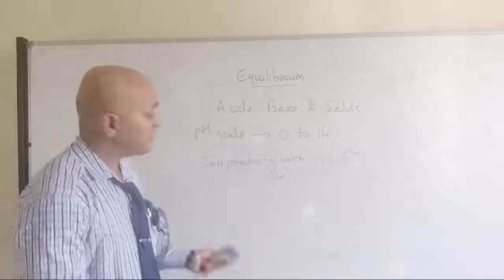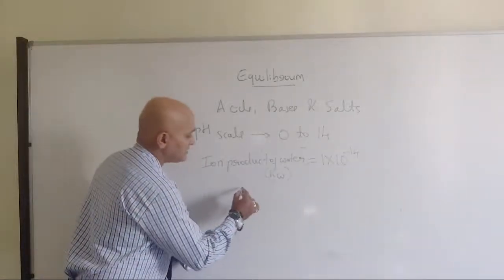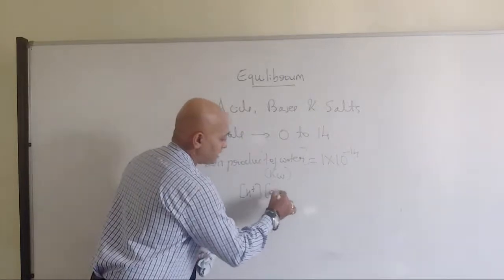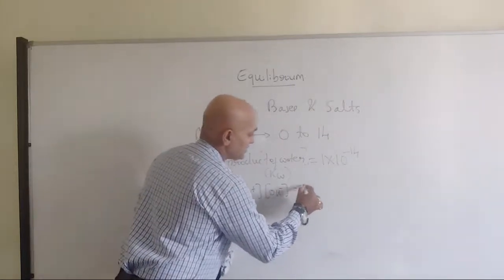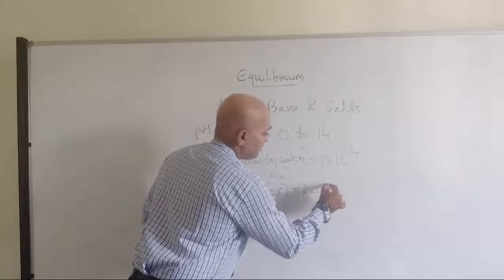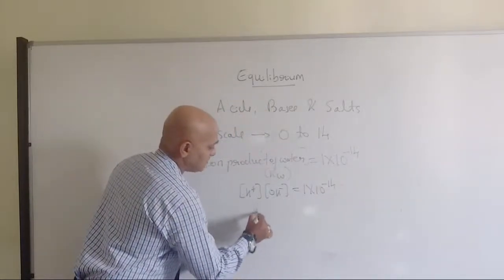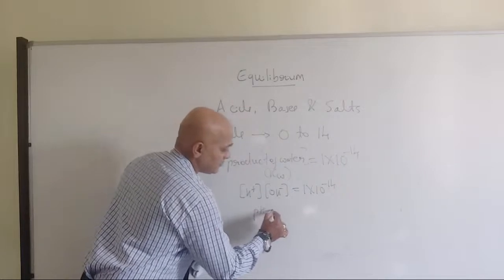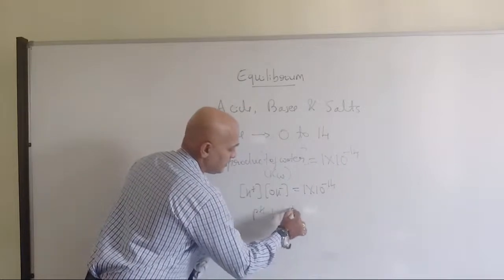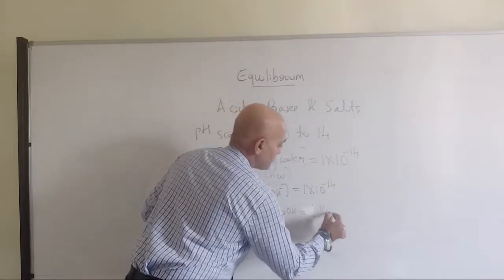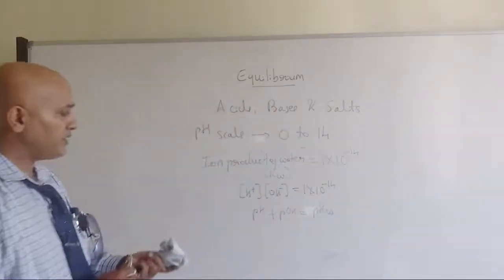Fine. So based on that we can say that since H plus concentration times OH minus concentration is equal to 1 into 10 to the power of minus 14, we can also write it as pH plus pOH is equal to pKw, the ionic product of water.